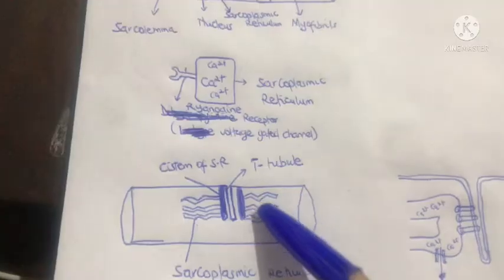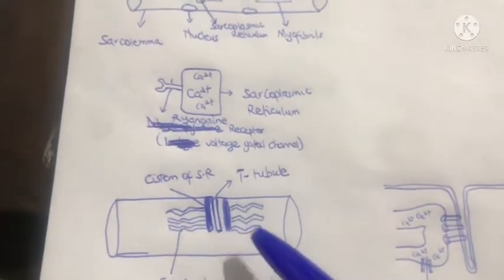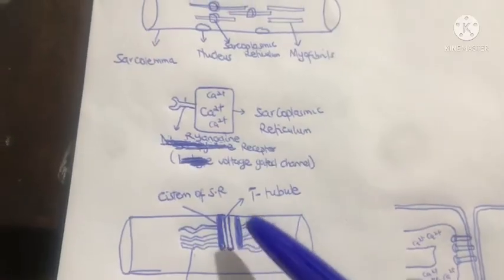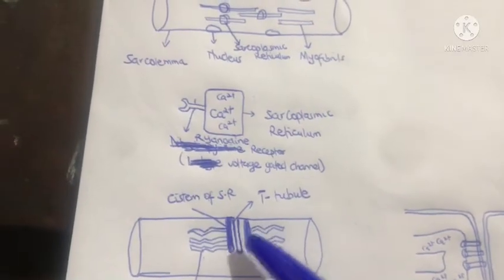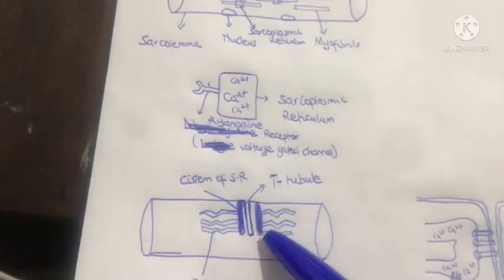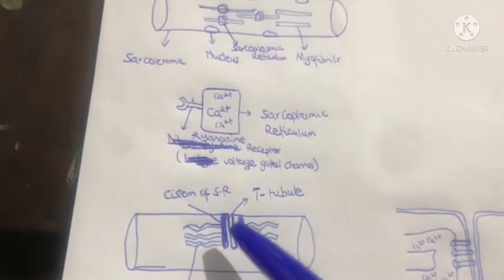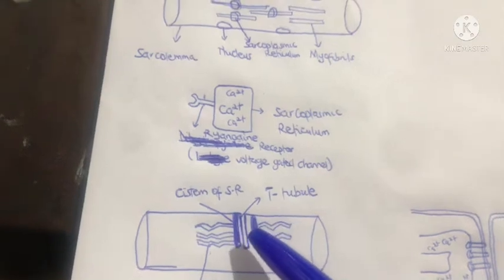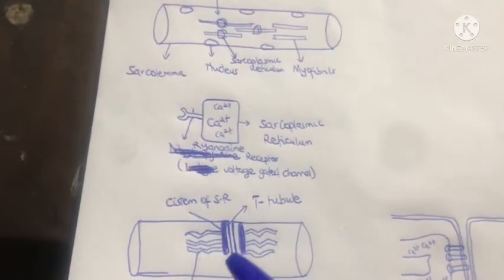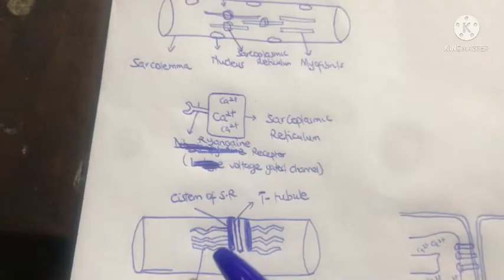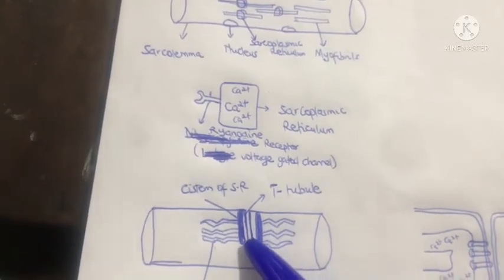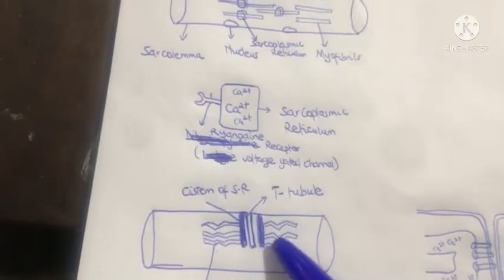So the sarcoplasmic reticulum is tube-like, and at their ends they are very large, and these ends make contact with the T tubule. So for every one T tubule, you can find these two large ends of the sarcoplasmic reticulum making contact with it, and together they form a triad.